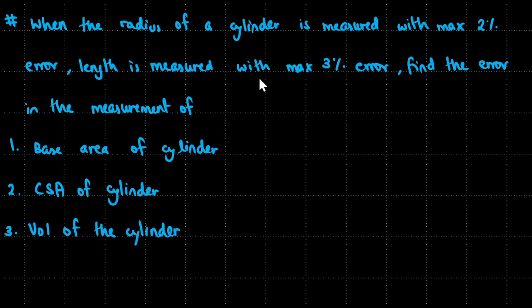So now let's go back to the question. When the radius of a cylinder is measured with maximum error 2% and length is measured with maximum error 3%, then find the error in the measurement of base area, CSA, and volume. So let's write the given information.